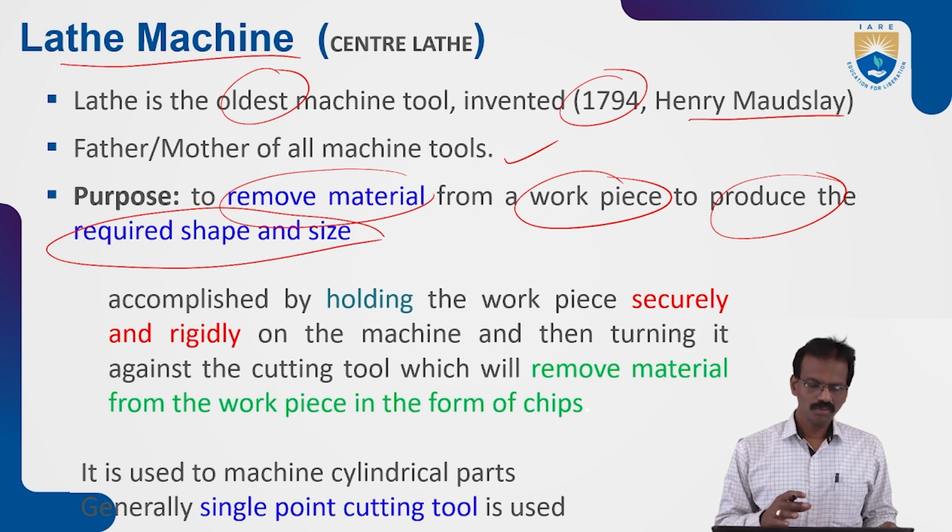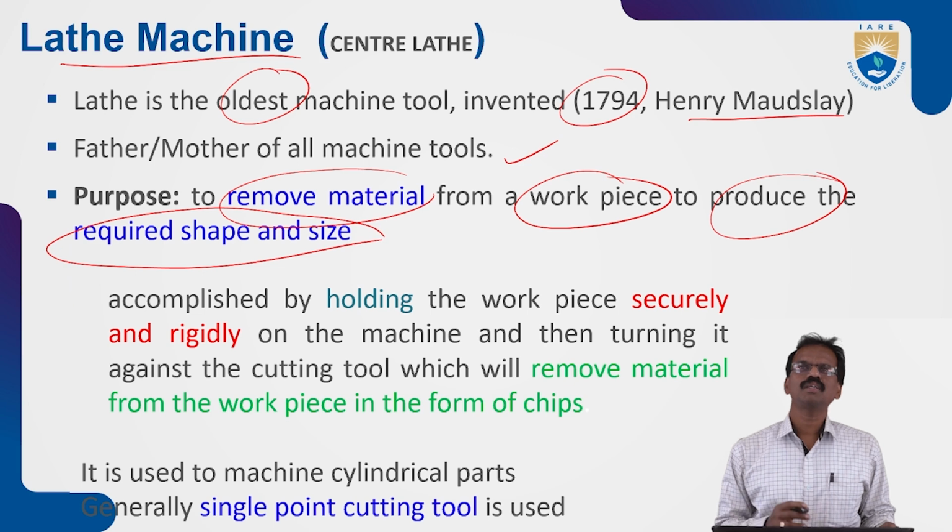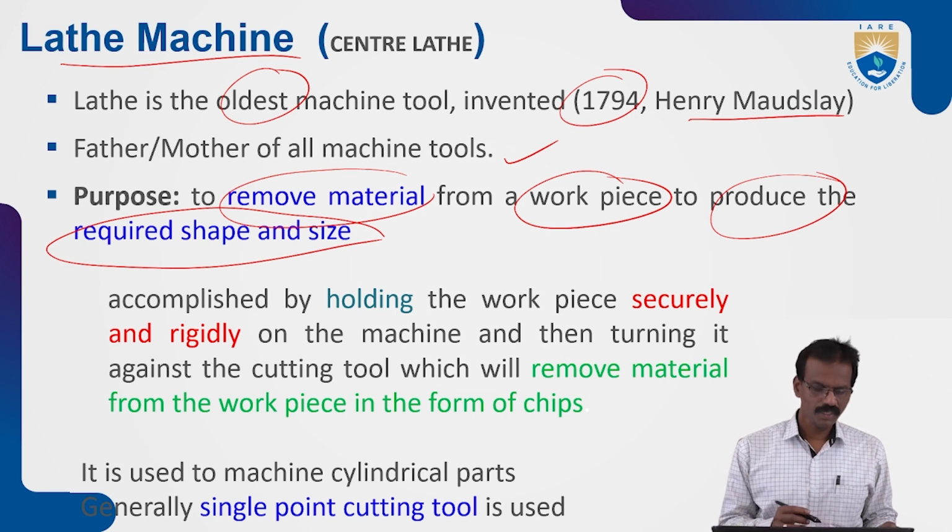The workpiece is rotated by the spindle, and the tool bit is moved against the workpiece. By that operation, the operator can remove the unwanted material by feeding the tool against the workpiece.